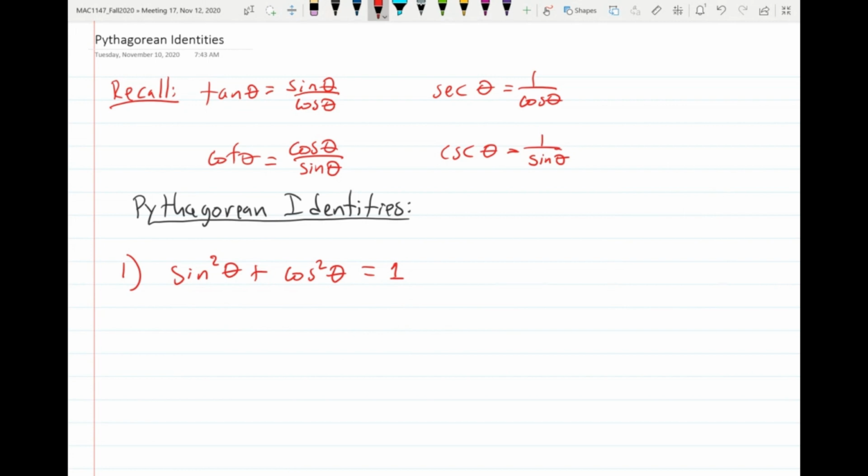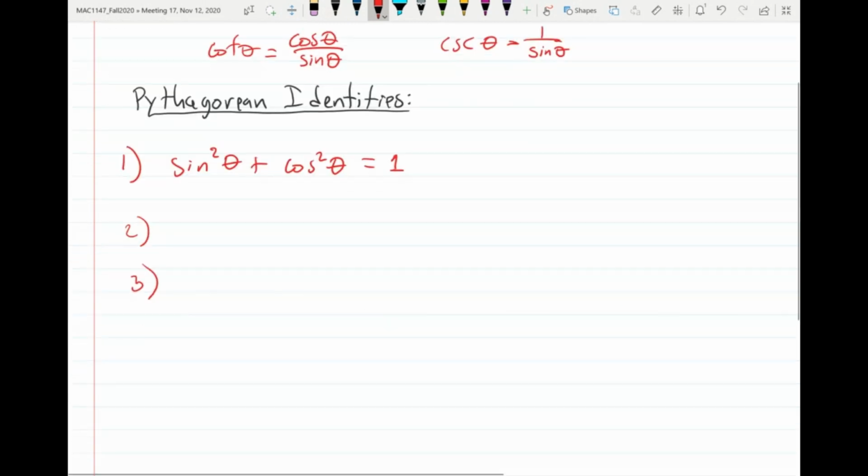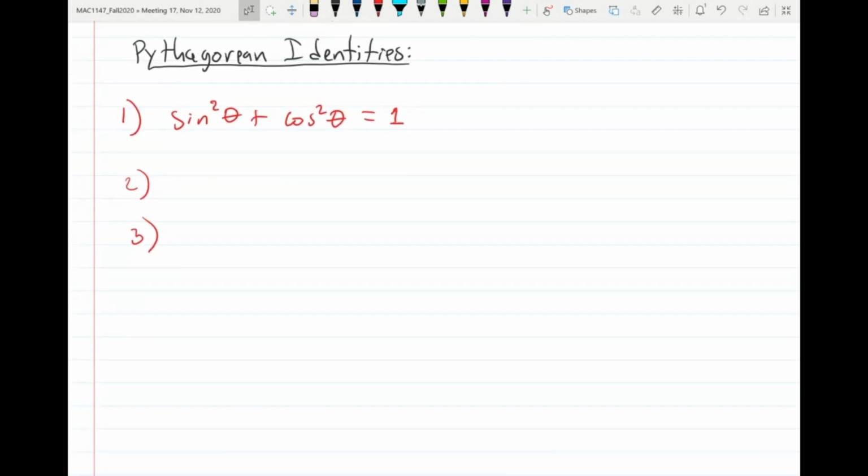The point is that there are two more, and basically, they come from the identity that we have above. So what I'm going to do is I'm going to write the proof, and then we're going to come back and write actually the statement. So the proof of number one, we already did it. So number one is done before.